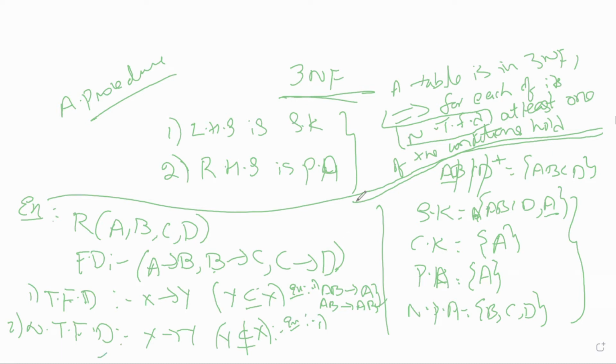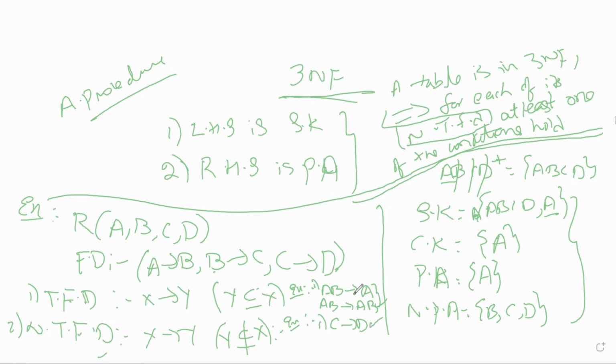Suppose we had an FD like C determines something else; the left-hand side attributes do not appear in the right-hand side, so it's not a subset. And the LHS attributes are not exactly the same as the RHS, so it's not a TFD. That means it is a non-trivial functional dependency.